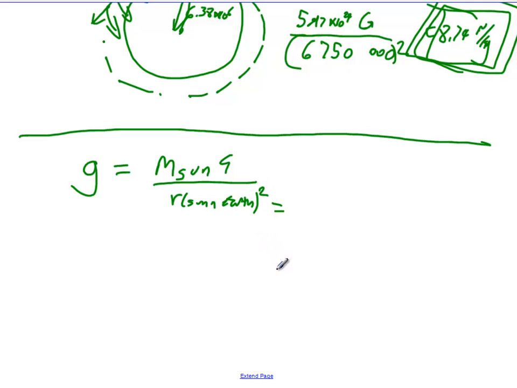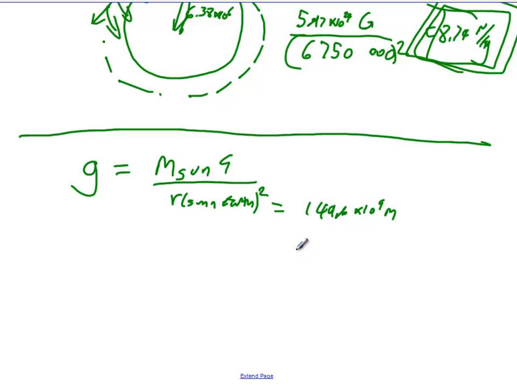This distance, Earth-Sun distance, is 149.6 times 10 to the 9th meters. Okay, that's a lot. We're a long way from the sun, almost 150 million kilometers away.